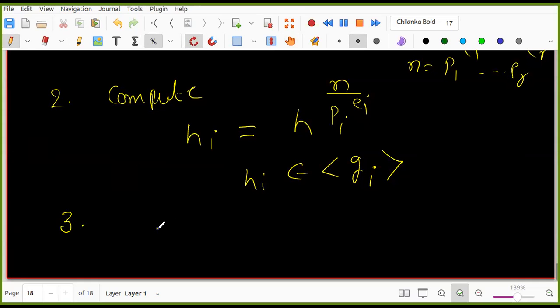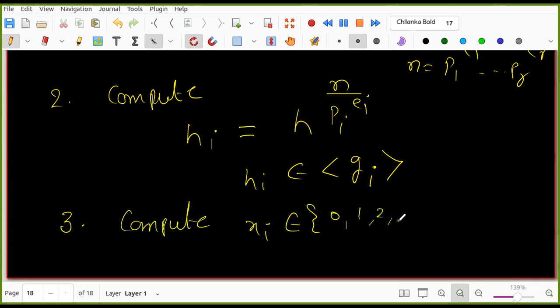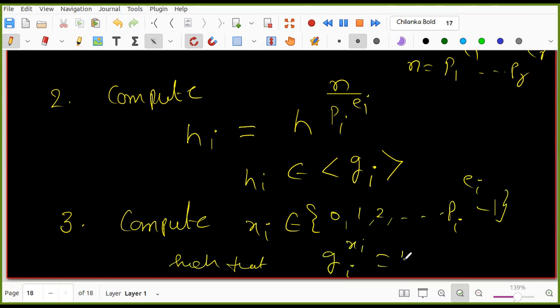So now compute x_i belongs to 0, 1, 2 up to p_i power e_i minus 1 such that g_i power x_i is equal to h_i. Because h_i is in the cyclic group generated by g_i, there is some x_i. That is the discrete logarithm problem for h_i in the cyclic group of order p_i power e_i. So now I have reduced my problem to prime powers.